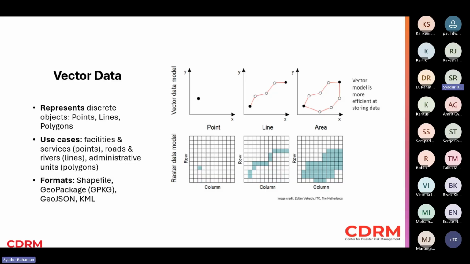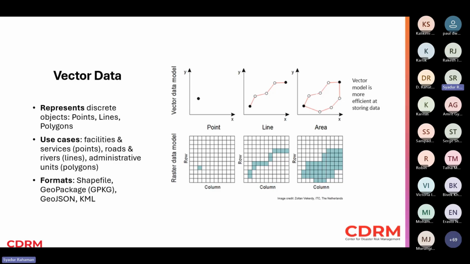For different purposes we use different vector data models. For location purposes we mostly use point shapes, but when we think about an area, then we work with a polygon or area file. And when we think about a transportation route or road network, then we can work with line data.